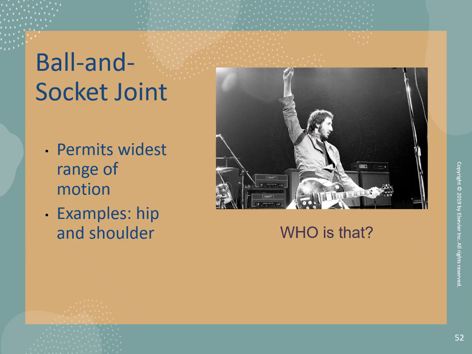Ball and socket joint. Oh, look, here's some more humor. Only the old people will get this. Okay. So who is that? That is Pete Townsend, and that's his signature move. He would play, let's see, what has he got lined up there? Is that an E? It's been too long since I practiced guitar. Oh, it's not an E. Oh, he's got his pinky tucked.